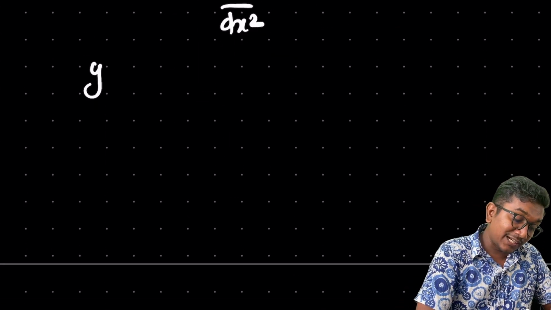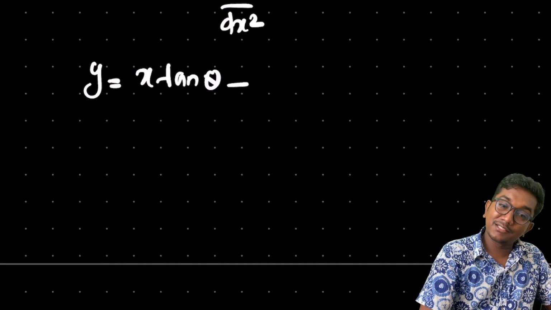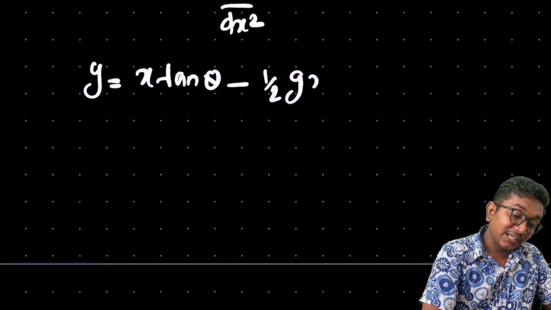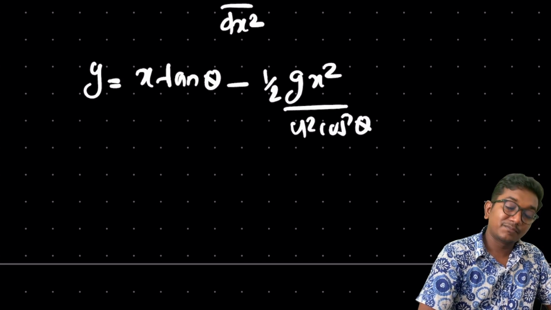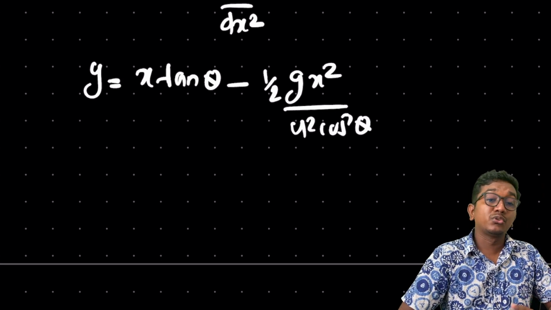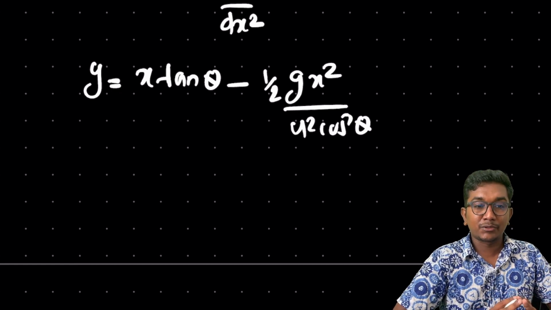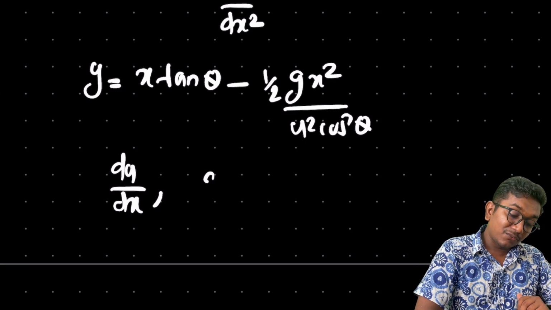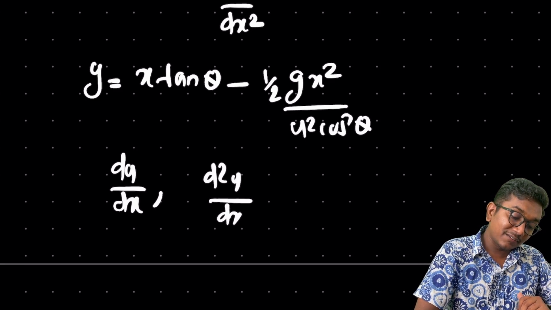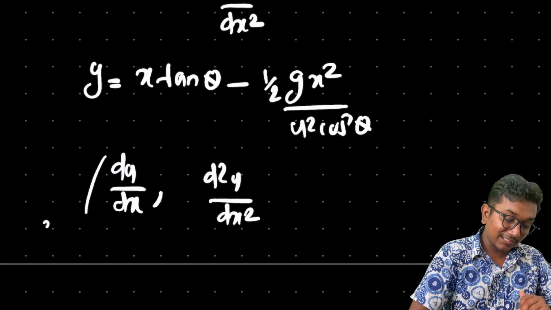We know the trajectory equation: y is equal to x tan theta minus g x square divided by 2u square cos square theta. This is fundamentally the trajectory equation of a projectile. I want you to find dy by dx, find d square y by dx square, and look at this at the angle equal to theta by 2.